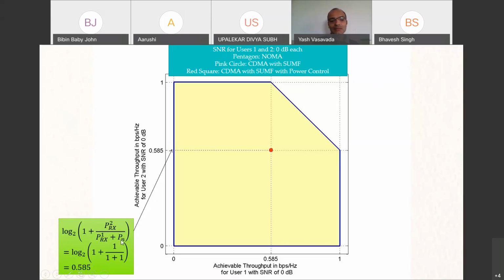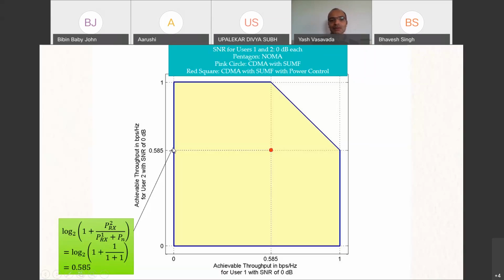PRX1 divided by Pn is 1 divided by 1, which is 0 dB. PRX2 divided by Pn is also 1 divided by 1, so it is 0 dB. And so if I plug those numbers in this equation, I get log base 2 of 1 plus 1 half. And if you do log base 2 of 1.5, you get 0.585. So that is this value over here.